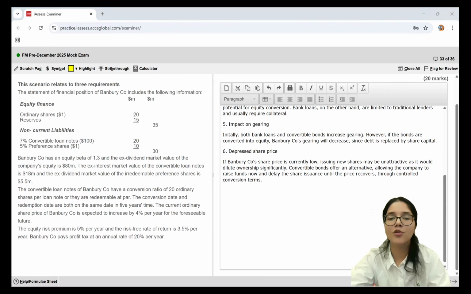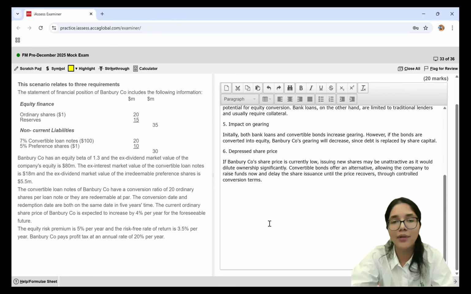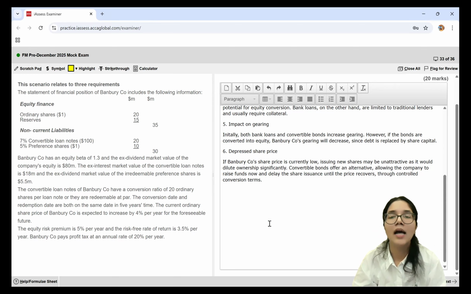And lastly, another factor is the depressed share price. Maybe right now Banbury company thinks that the share price is very low, and we do not want to dilute more of our ownership at such a low price. I do not want to give up my ownership in the company to some other shareholder at this low price. So what I do is I get an alternative in the form of a convertible bond. How?